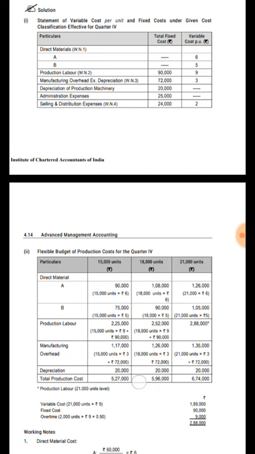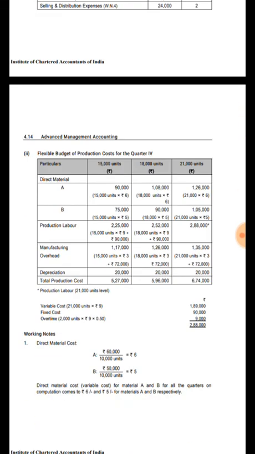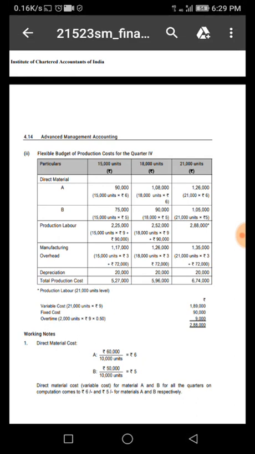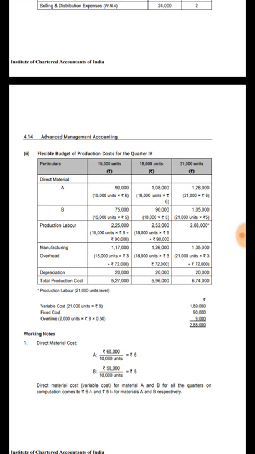That's what is done here. For the overtime, 2,000 into 9 into 0.5, or you can take 4.5 directly. That gives 2,88,000, which is what is taken here. That's it.